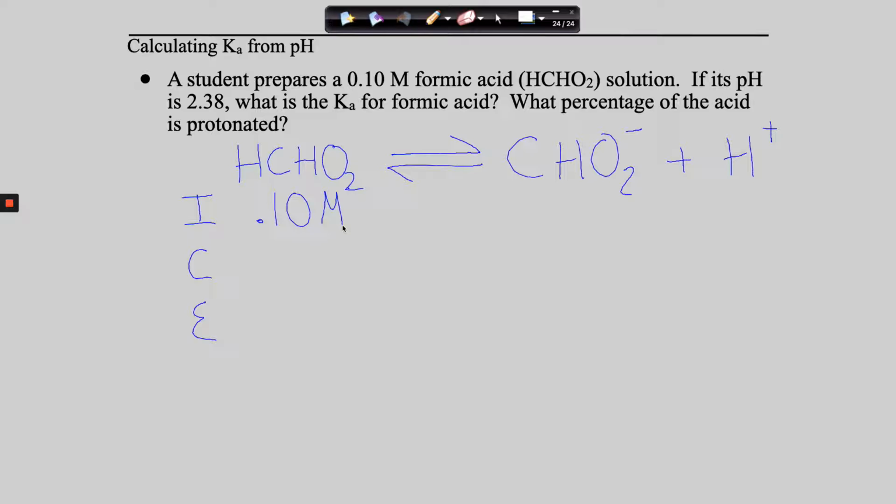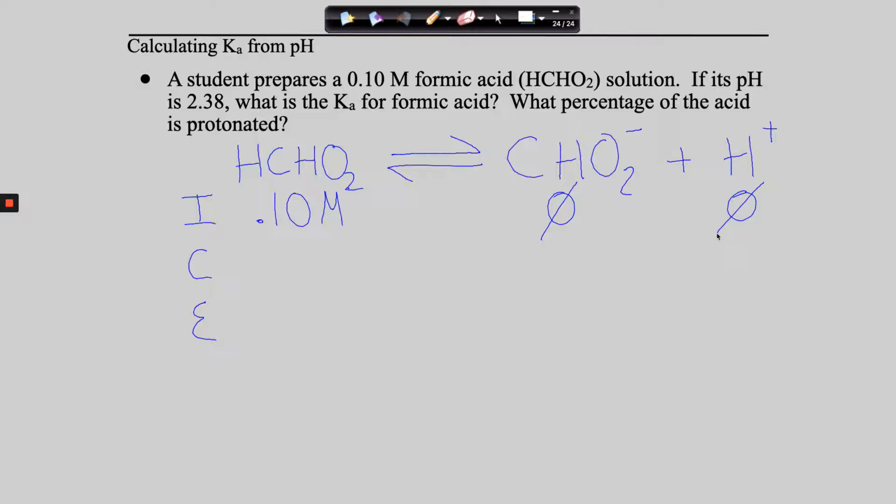And then, guys, what else do we know? Are there any other things that we can fill in our table? Zeros where? Over here. Guys, before this reaches equilibrium, we have none of either one of these. Then, guys, anything else?